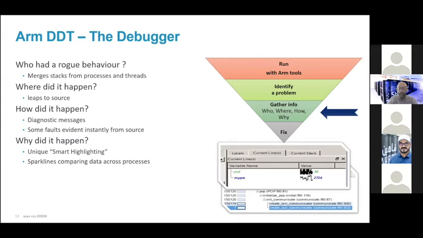You try to make changes and repeat until you have found the bug and are able to move on. DDT, on the other hand, is based on the fundamentals like who, where, how, and why, and it tries to enable these questions.